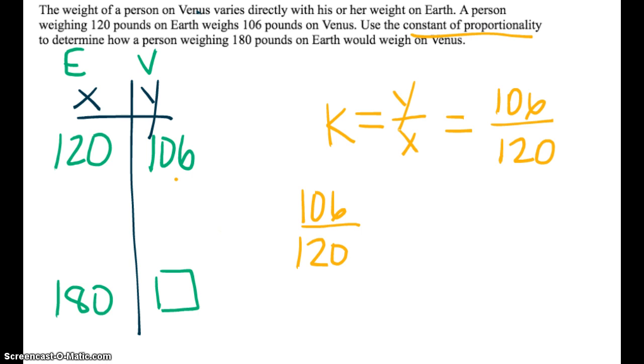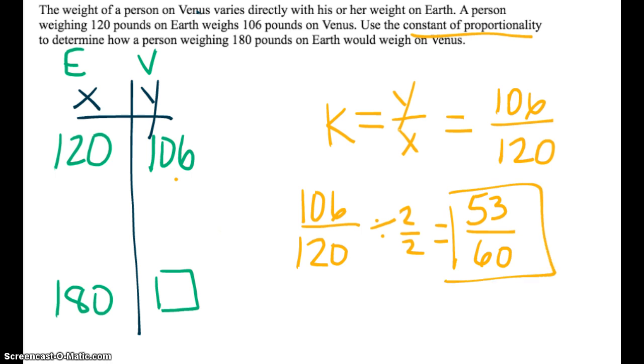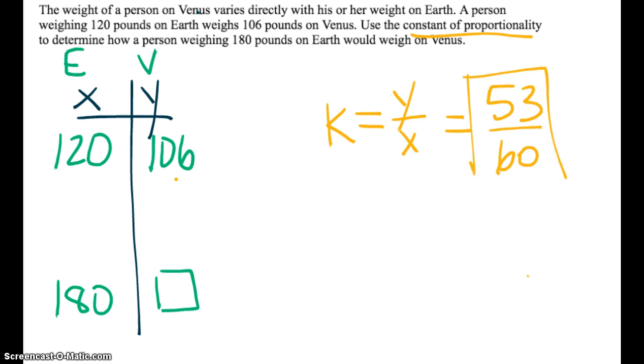So, I don't know, we could even start real simple and divide it by 2 halves. So that would be 53 over 60. Is there anything else that I can simplify it by? I don't think so. So let's use the simplified K equals 53/60ths. So we're going to use 53/60ths.